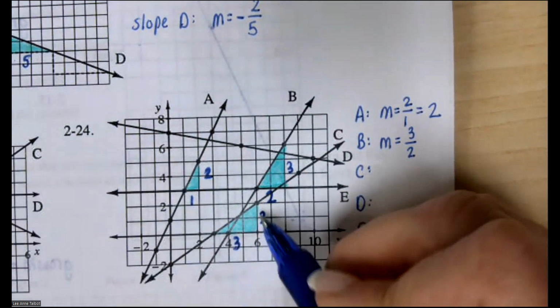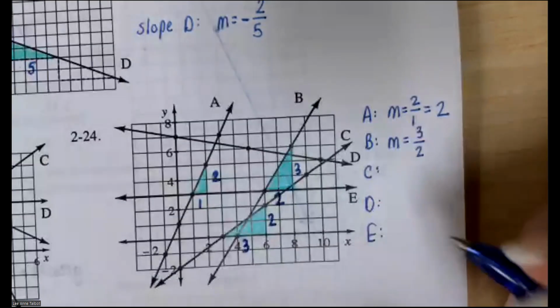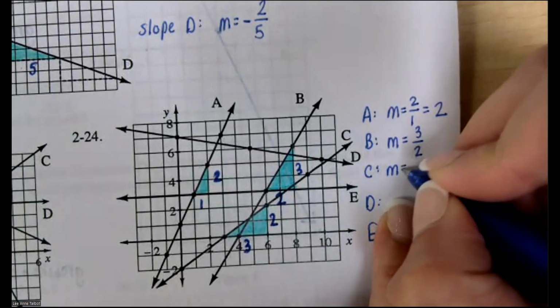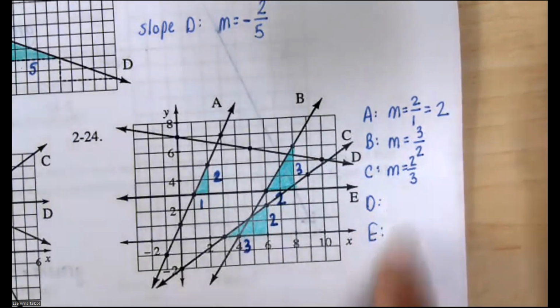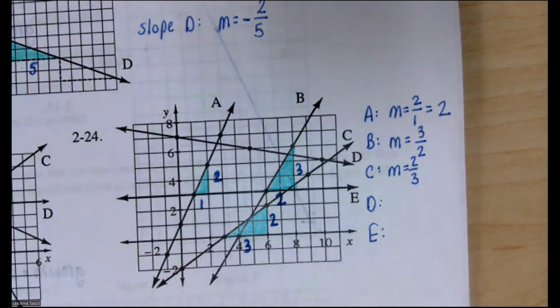Okay, height of 2, base of 3. Still going uphill though. Okay, what is the academic vocabulary word for 3/2 and 2/3? We just used it in the exponent problem.